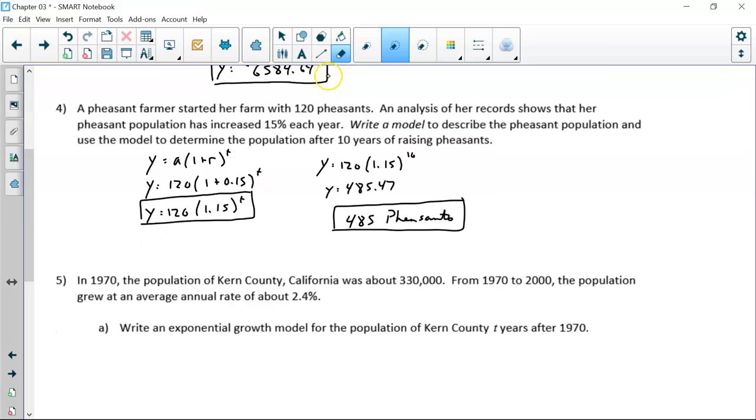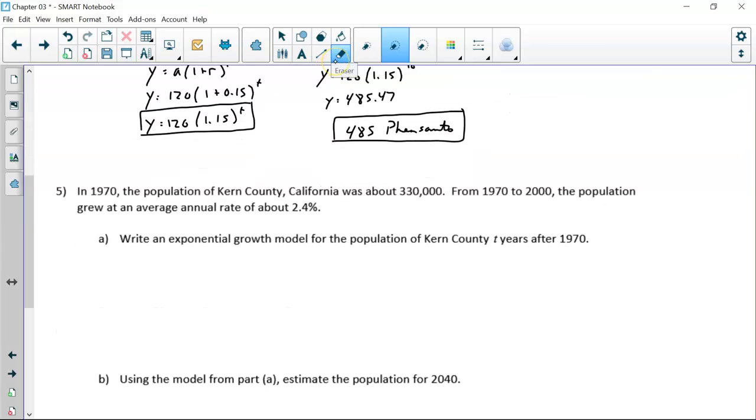Now, if we're looking at population growth. So now, the rate, and it's an annual rate, so it's per year, of 2.4%. So we're going to use that regular exponential.